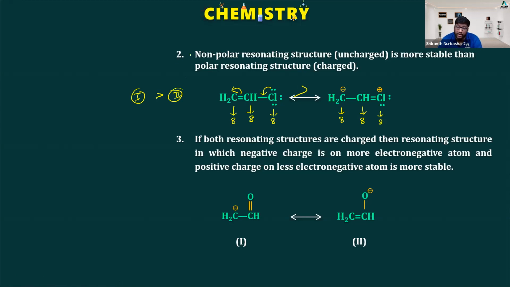This is applicable only when octet electronic configuration is satisfied. Whenever both the resonating structures have an octet for all the atoms, and one is charged and the other is uncharged, then you can say uncharged is more stable when compared to charged.